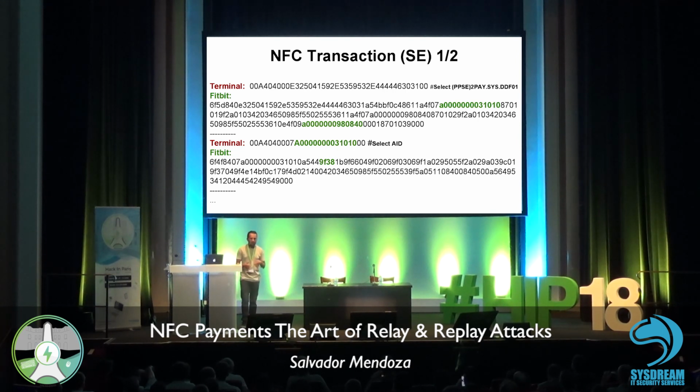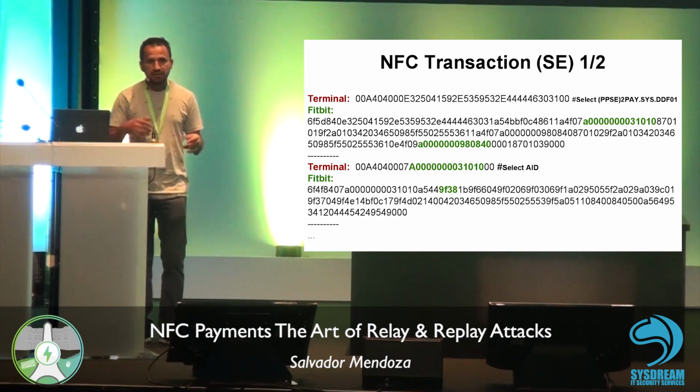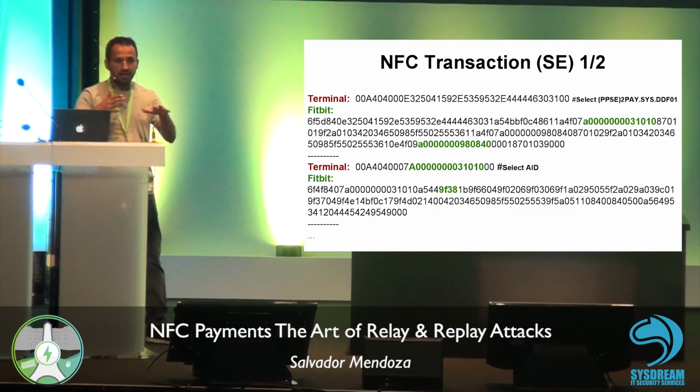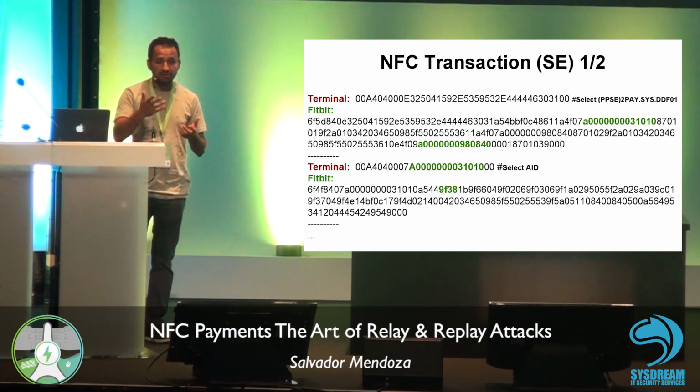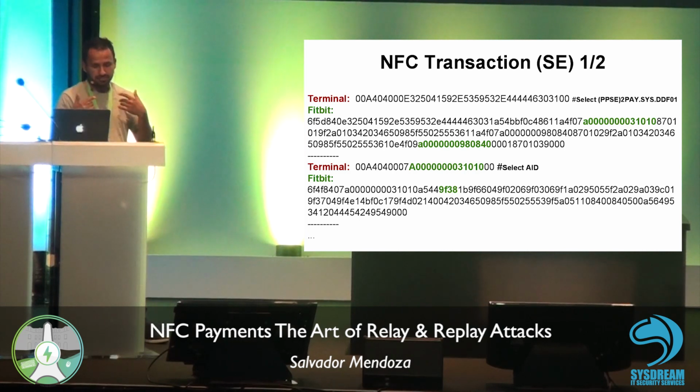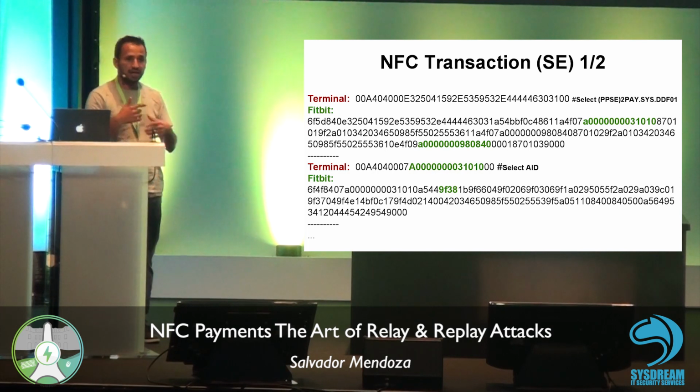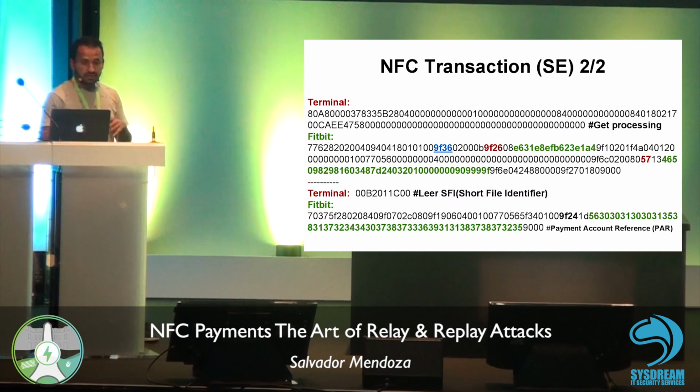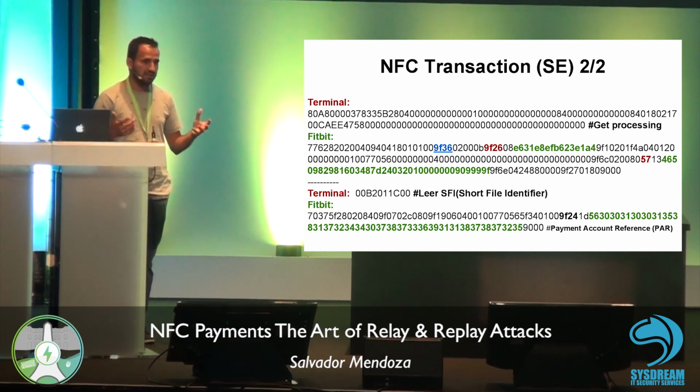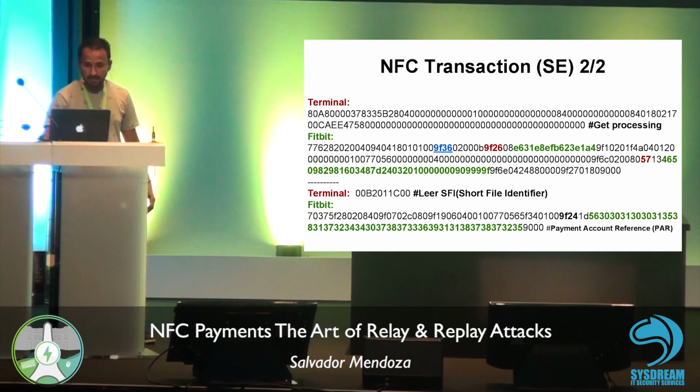It's the same thing when you are making a transaction. The terminal sends a command, the smart card, let's say the mobile device, answers the question, and the terminal sends another command, and it keeps going until the transaction is finished. In 4 commands the transaction has to be finished, so it's less than 500 milliseconds.